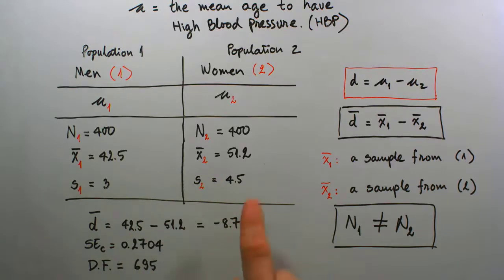And the two samples that we have here gave us a combined standard error, or in symbolic form SEC, that we calculated in an earlier part of the example to be 0.2704. This information can now also be useful for us, and we have also calculated in earlier questions that the degrees of freedom of the two same samples here is going to be 695.